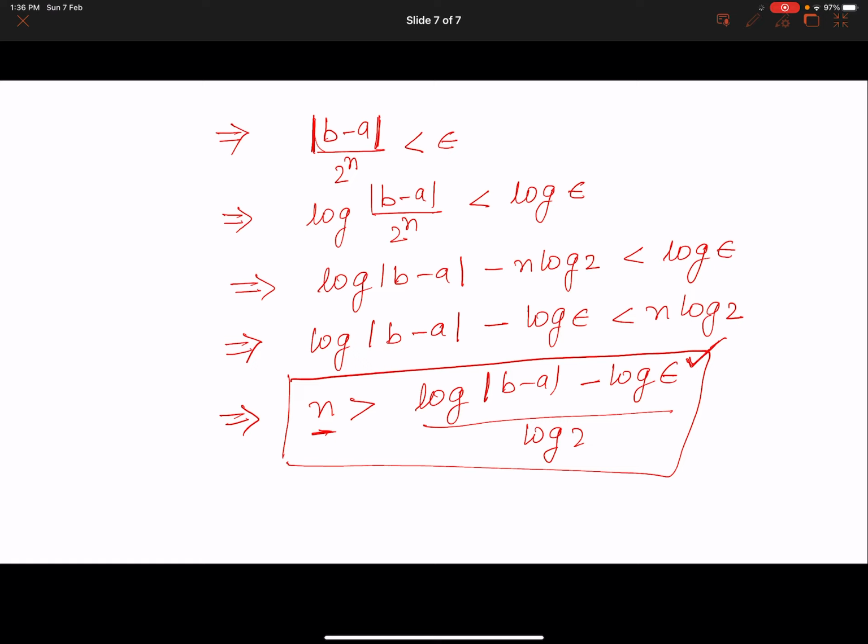This means that the minimum number of iterations required to achieve the desired accuracy, that is the error less than epsilon, is log of (b minus a) upon epsilon divided by log 2. This is where we reached. This is the minimum number of iterations required to achieve the desired accuracy.